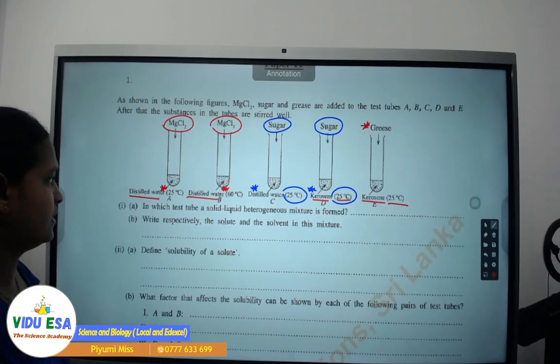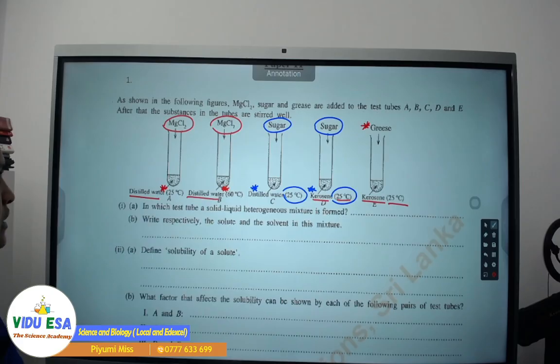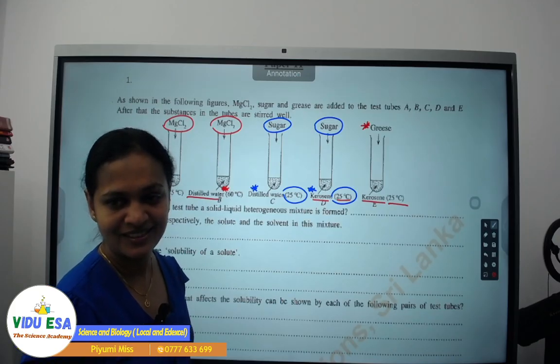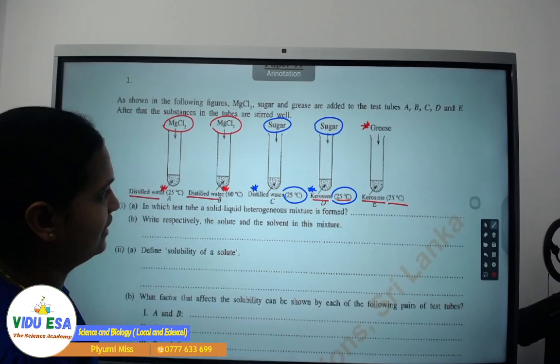In which test tube is a solid liquid heterogeneous mixture formed? Solid liquid heterogeneous mixture. What do you think? Which one? Test tube? C or D? D, no?